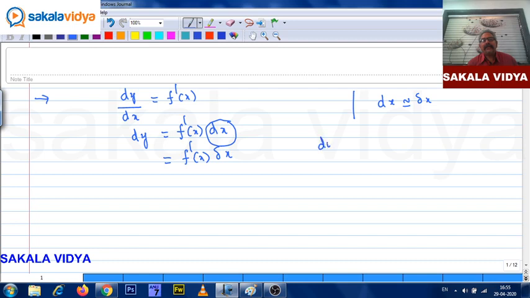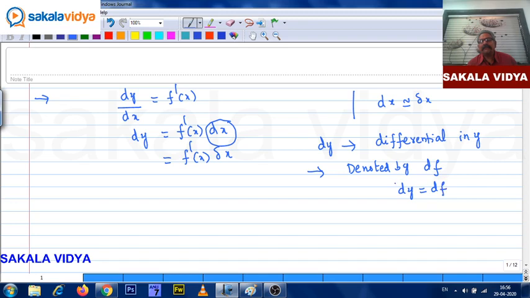So dy is called the differential in y. This is also denoted by df also. That means dy, df both are same. So hereafter you can remember dy equals f dash x into delta x.